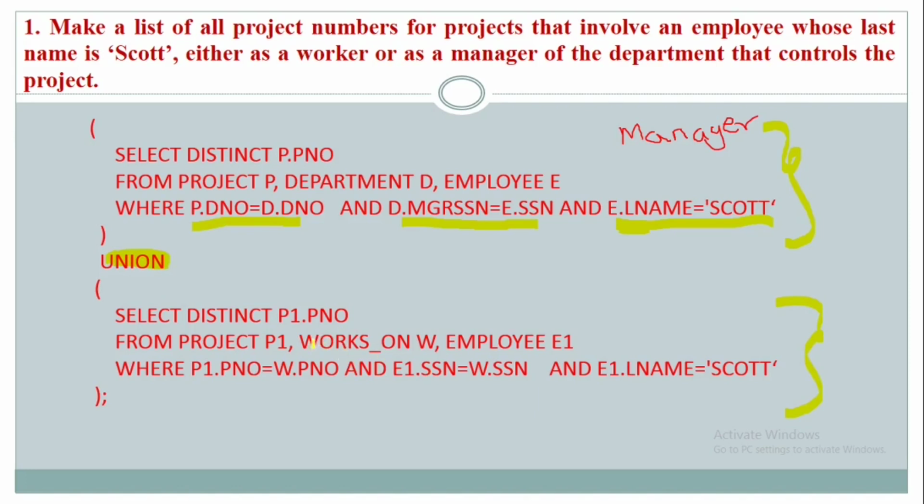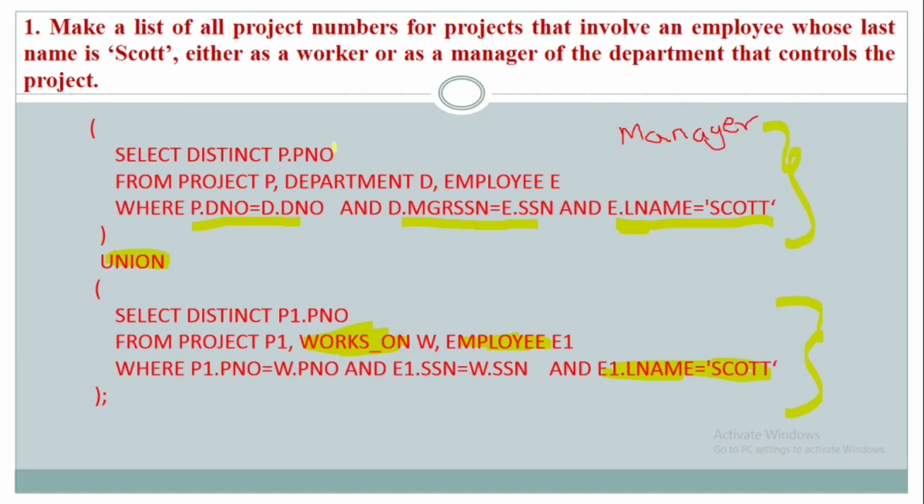That information is available in the works on table. We make use of the works on table and the employee table and join them, and in the where condition we provide last name is equal to Scott. This is how you join the tables: p1 dot project number is equal to w dot project number, and e1 dot ssn is equal to w dot ssn.